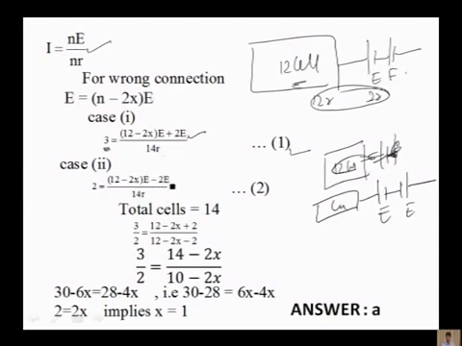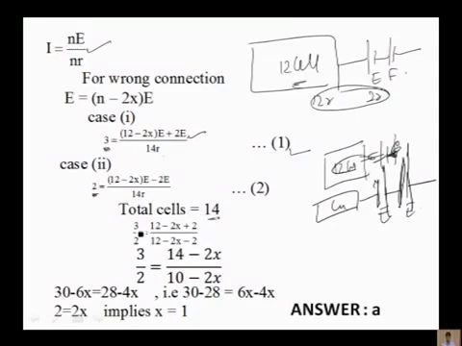Wrongly connected means the negative terminal is connected like this. Then the effective equation is this, because the current in this case is equal to 2 ampere, that is (12 minus 2x) E minus 2E divided by 12R. Total cells is equal to this much.